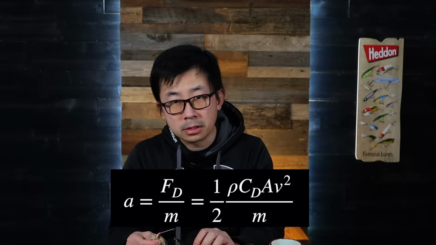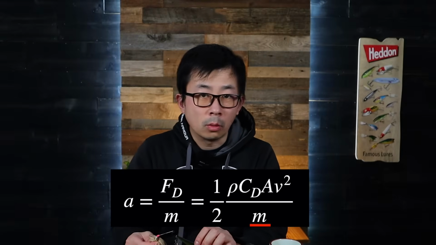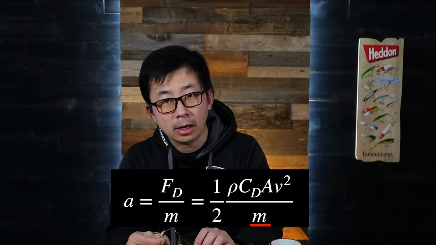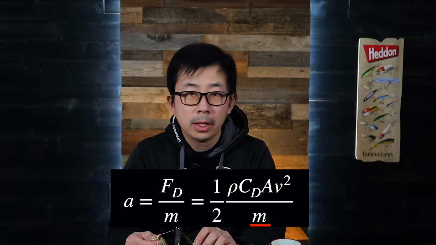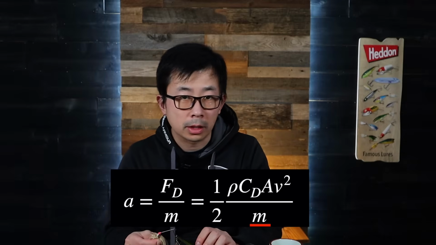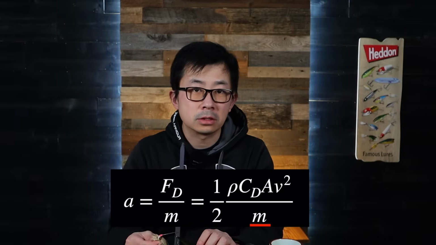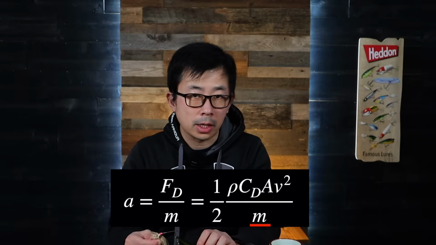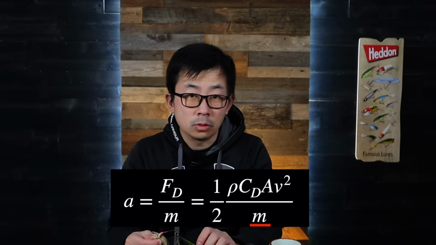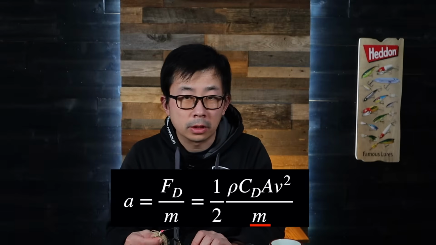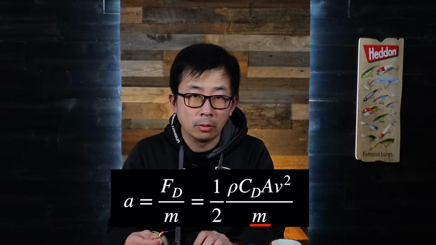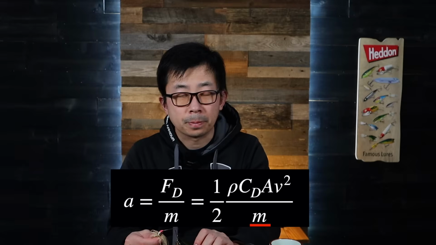And then there is this m, the lure weight. If everything else stays the same or changes very little, by increasing the weight of the lure or rig, we can also decrease the deceleration caused by air drag. Just using a heavier lure will not always make it easier to cast into wind because the cross-sectional area will usually get bigger as well.